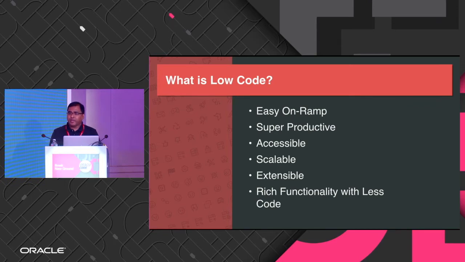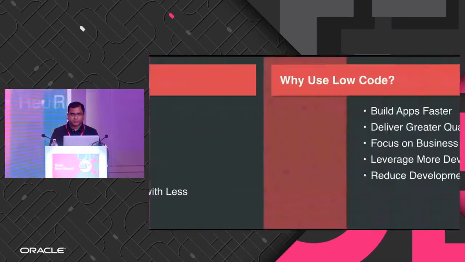It's super productive. It's accessible, because you build applications not just for desktop, but also for mobile devices. And it's scalable. What you build for a small-scale use case can be extended to business or enterprise-wide applications. Extensible, with rich functionality and less code. These are typically the characteristics of low code.